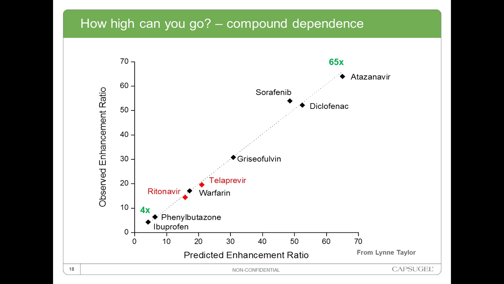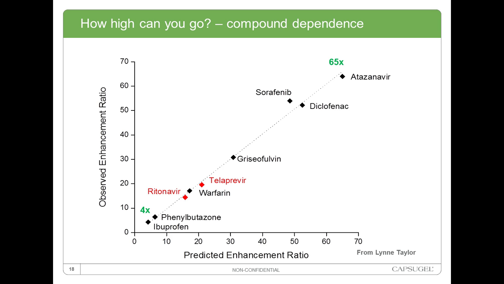And Lynn Taylor has done a lot of work in this area, understanding the amorphous solubility over a range of compounds. This is a plot from her group showing the amorphous solubility of several pharmaceutical compounds, in terms of an enhancement ratio. So this is the amorphous solubility divided by the crystalline solubility, or how much enhancement you get by making it amorphous.